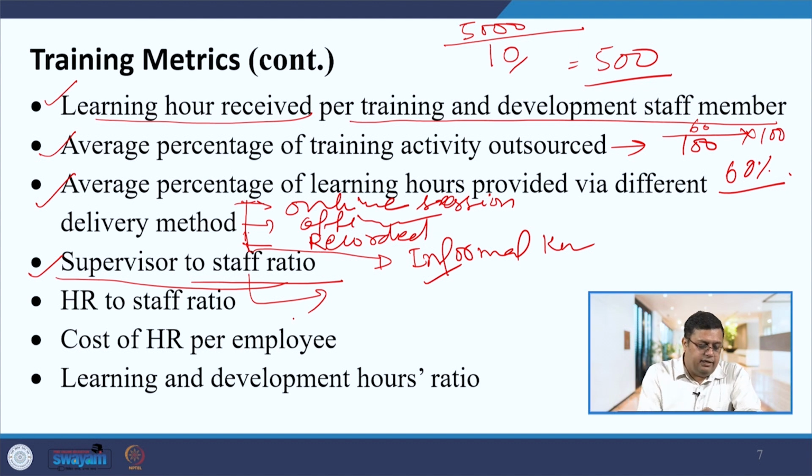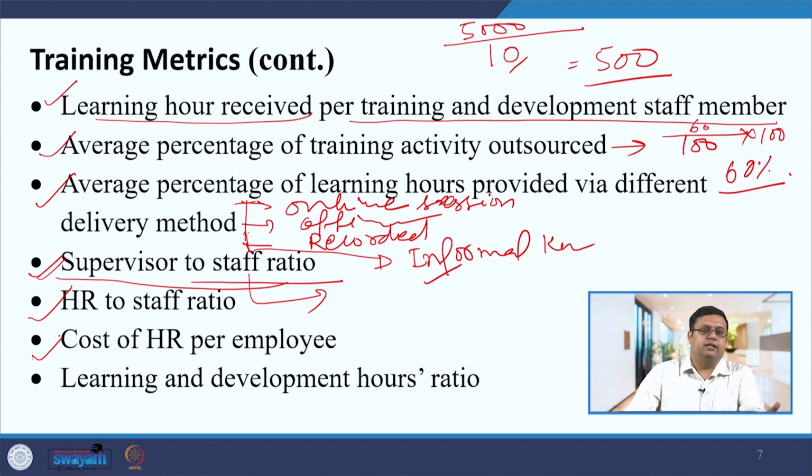That is why it is important to understand the supervisor to staff ratio and HR to staff ratio, in order to calculate how many people are sufficient to give a training, right. And the next metric you can understand is the cost of HR per employee.